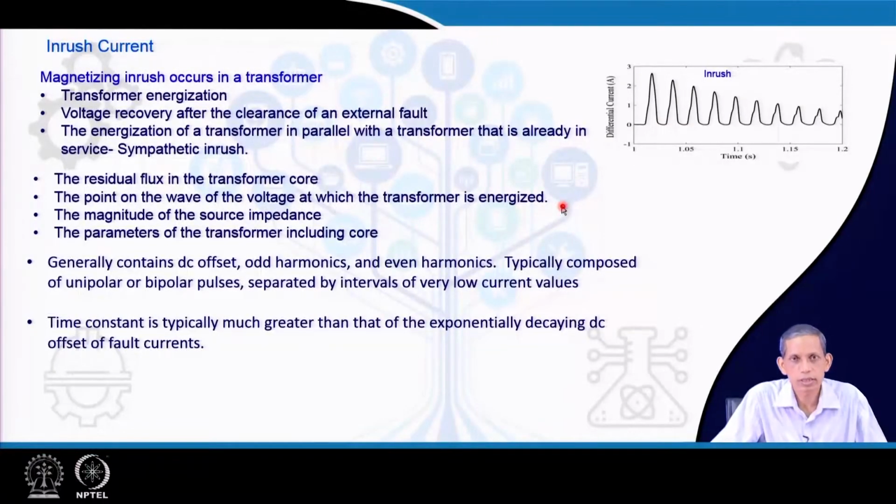These are the set of features. This special wave of the current in the transformer plays a nuisance in the operation of the transformer differential relay.